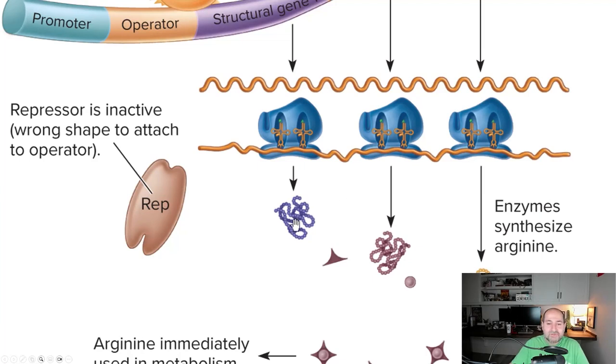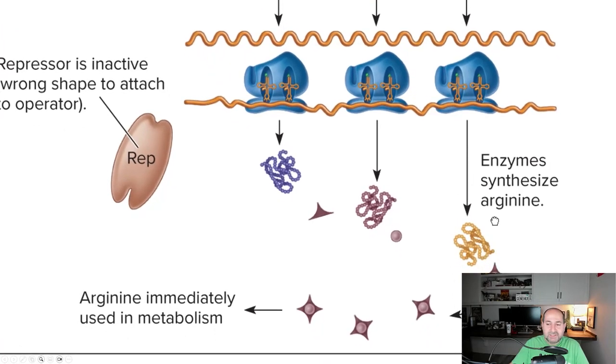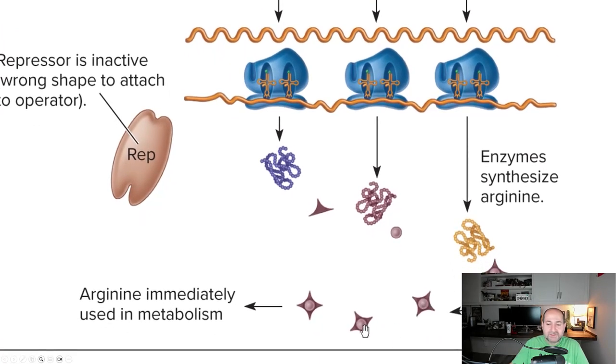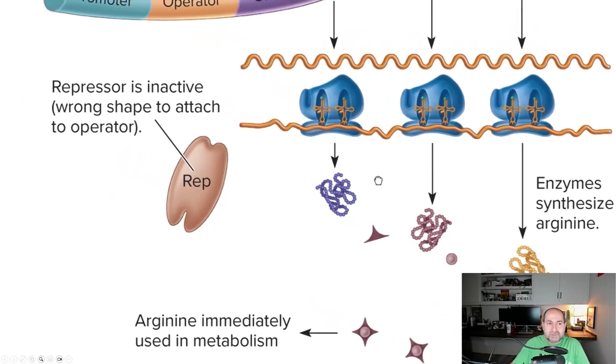And remember, the function of these proteins is to synthesize arginine. Arginine looks like these little stars, and these arginine amino acids are free to be used in metabolism. They're free to be used to make more proteins, okay? So notice how the operon is on.